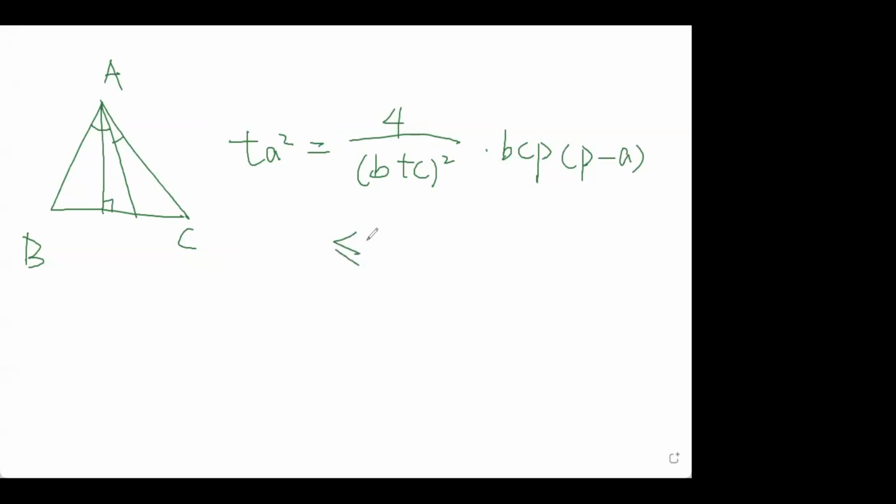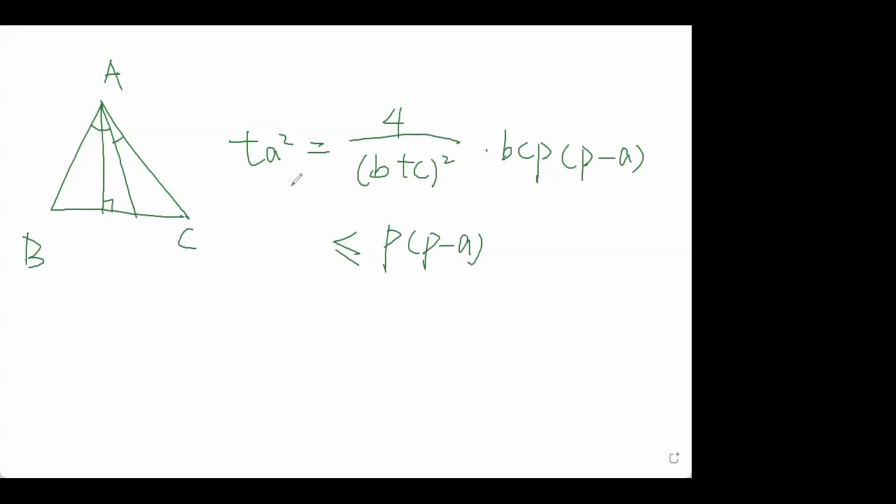What is P? P is half of the circumference of the triangle ABC. Okay. So you get this one, which is smaller than or equal to P times (P minus A).